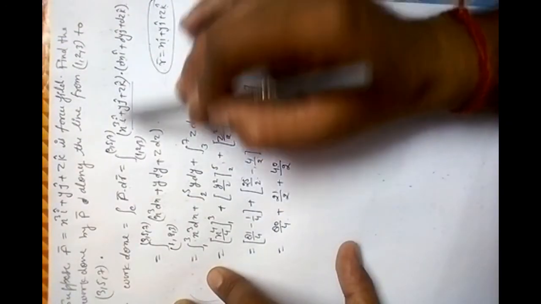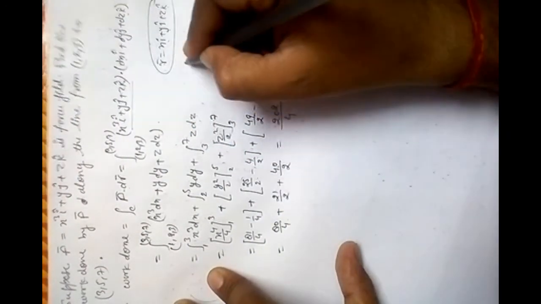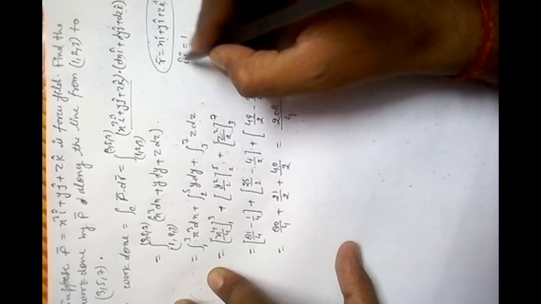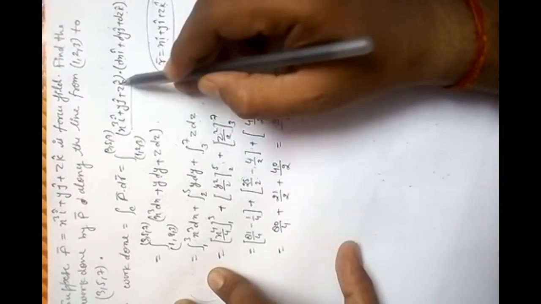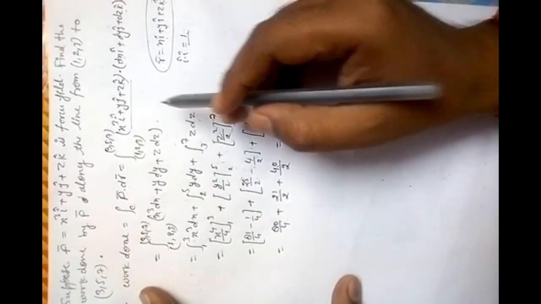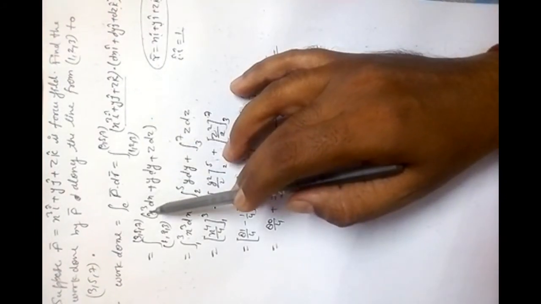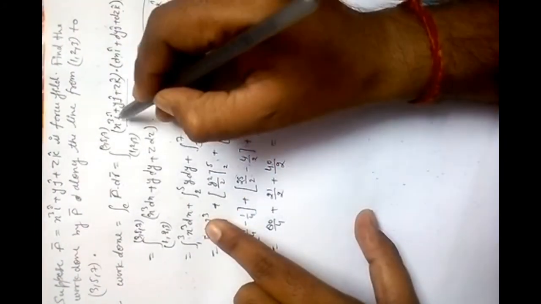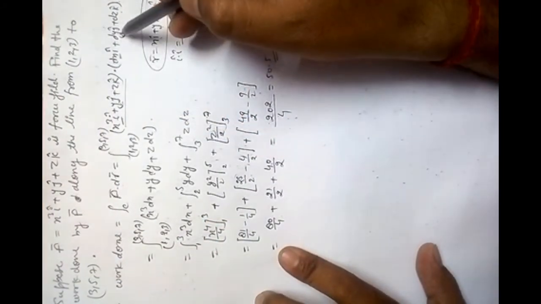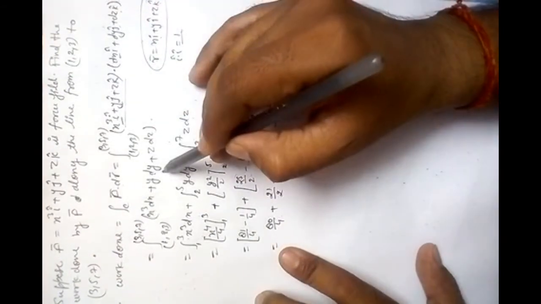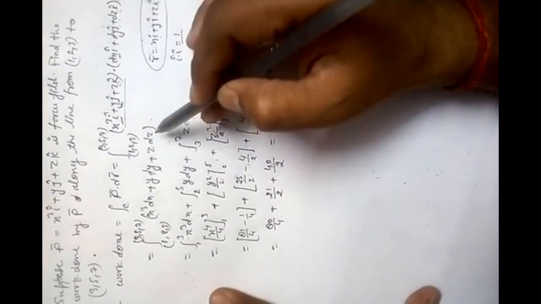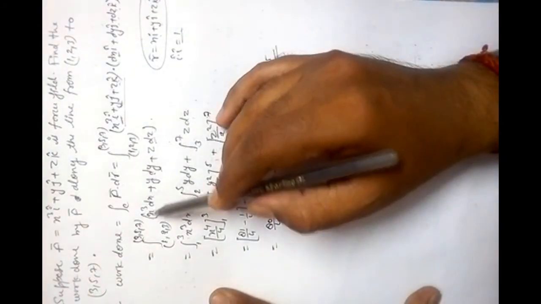So dot product here, dot product means i dot i is 1, otherwise 0, and j dot j is 1 and others are 0, k dot k is 1, others are 0. So x cube dx, y dy, z dz, and again the limits.